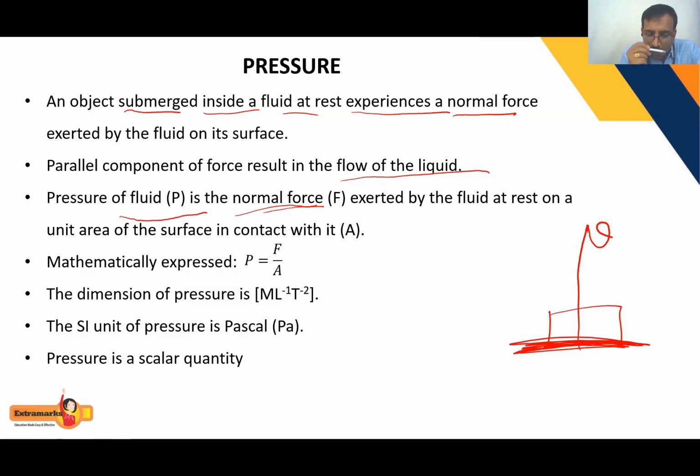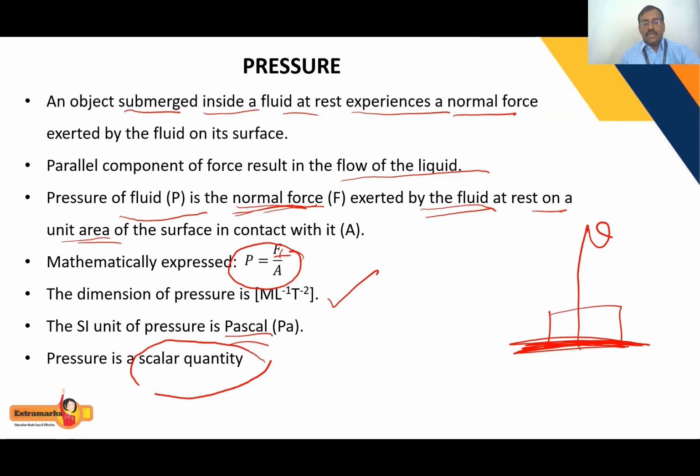Pressure always acts normal to the surface, exerted by the fluid at rest on unit area of cross section. So mathematically I can say this as F perpendicular by area, the area of the given contact surface. The dimension formula you have read in first year as well. The SI unit of pressure is Pascal, and pressure is a scalar quantity.